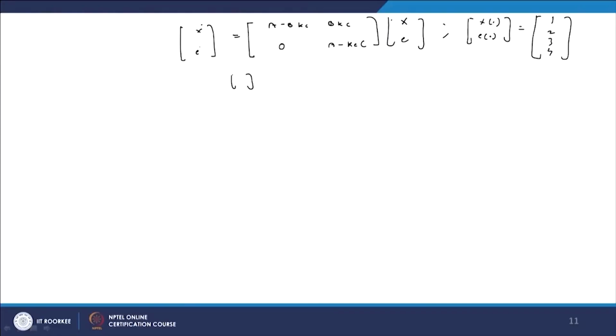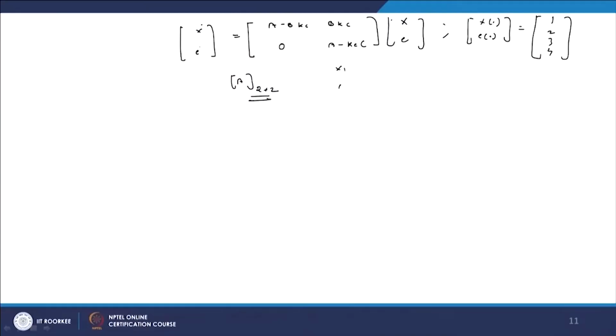Now, we assume that this A matrix is a 2 cross 2 matrix. It means that there are 2 states, x1 and x2, and the errors are also E1 and E2.